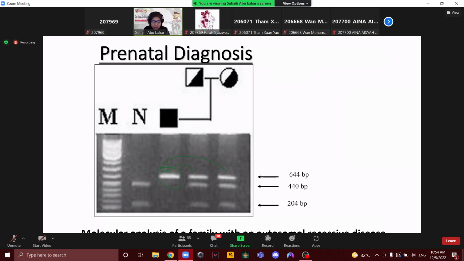Do you want to use real-time PCR for this simple analysis? No, right? You don't have to do real-time PCR. This is a simple analysis, different lanes. So, what is the type of PCR? Is it reverse transcriptase?